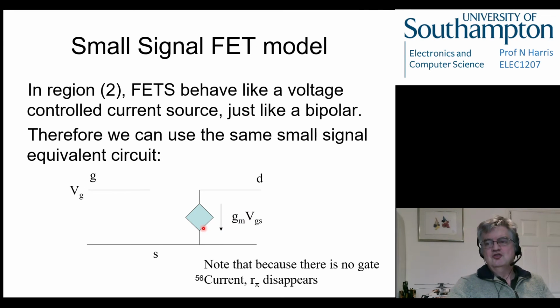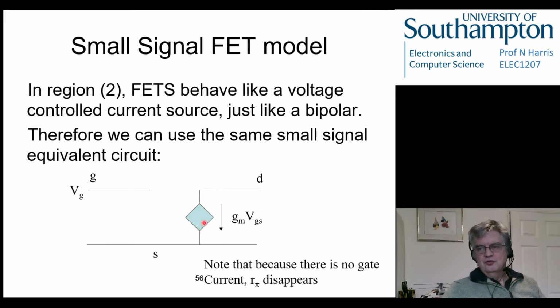It's just a constant relationship between an input variable and an output variable, in this case an input voltage and output current, and it's dependent on VGS, so it's a dependent source. VGS is coming in here. We haven't really looked at this bit yet.